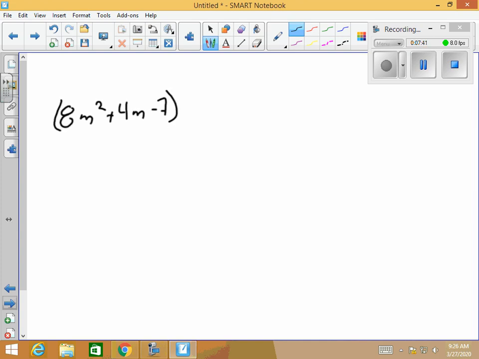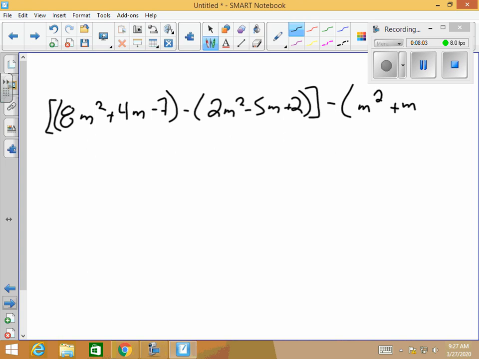Let's make that a trinomial group. Then let's go ahead and subtract it from another trinomial, and we get 2m squared minus 5m plus 2. And we're going to take that, and I'm going to subtract another binomial from that, which is m squared plus m plus 1. And yes, we've got some length to this guy, some real girth to it.